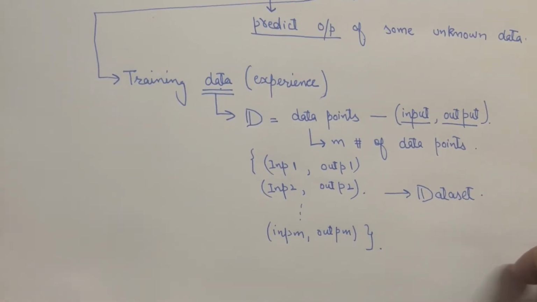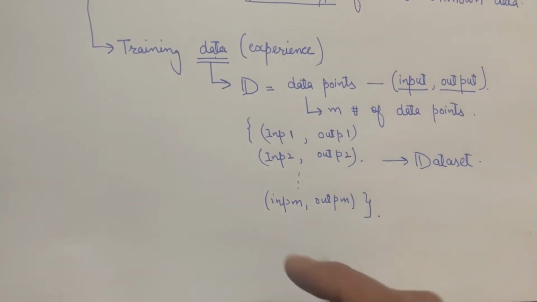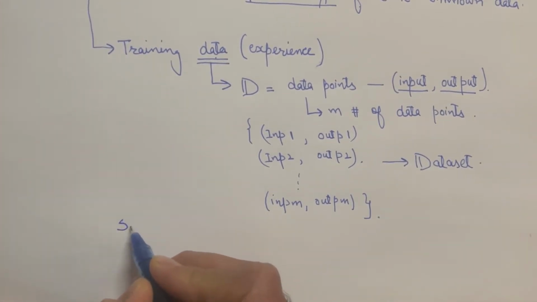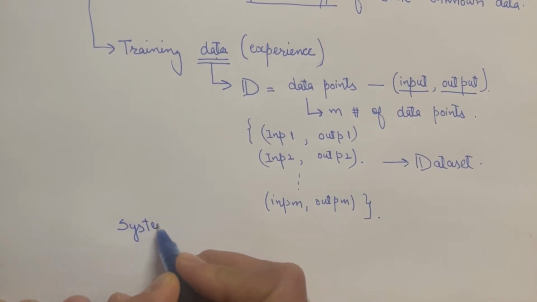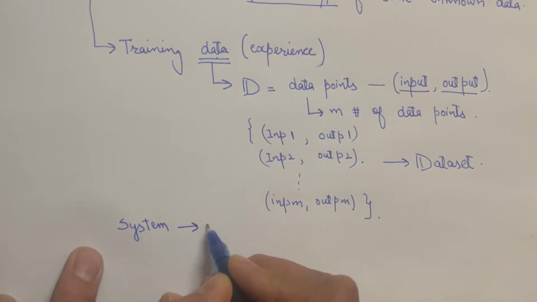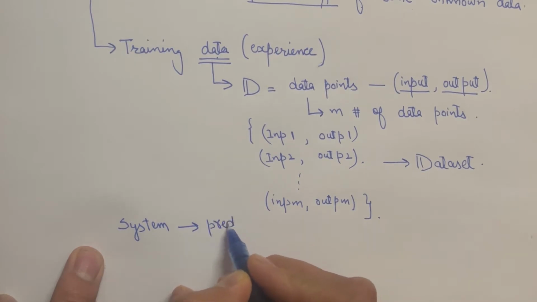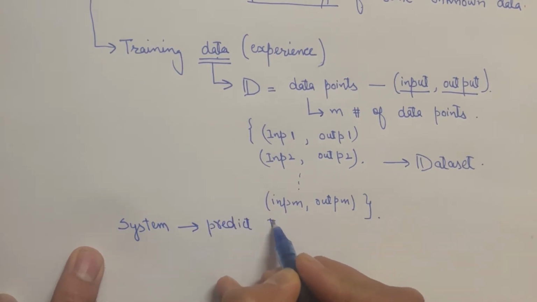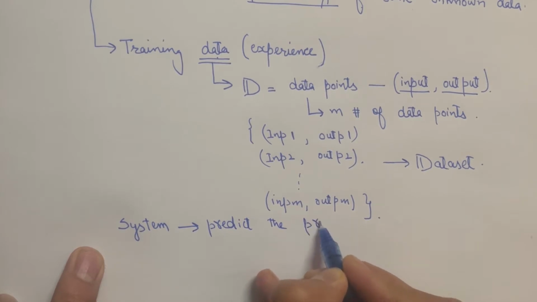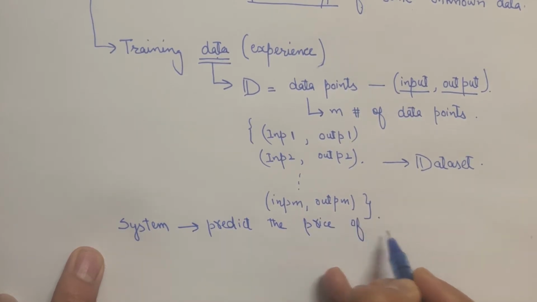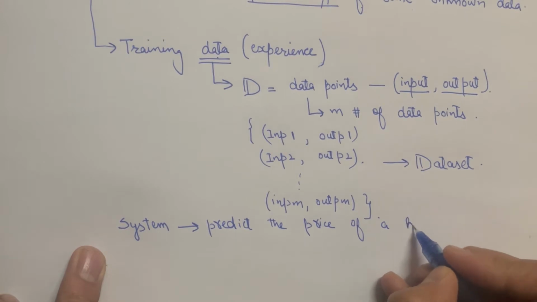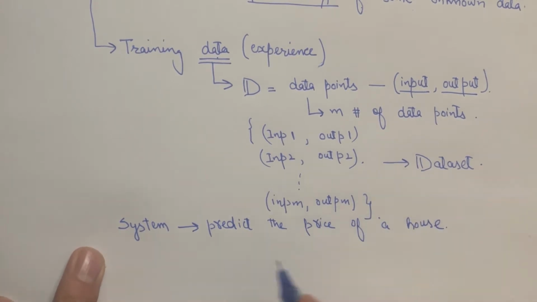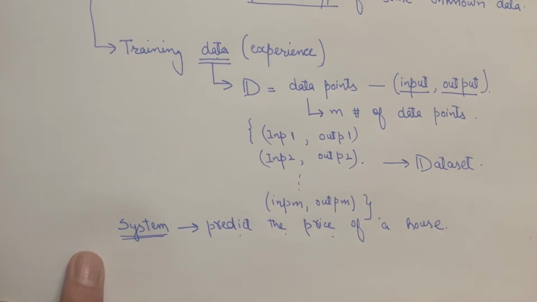Let's take an example. For example, if we want to train our system, so we want to design a system, and that particular system should predict the price of a house. We want to design a machine learning system that should predict the price of a house.